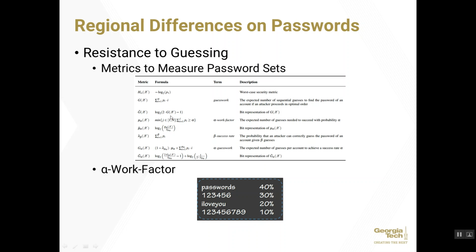As shown in this table, we briefly introduce these metrics. H infinite is defined as the worst-case security metric for human-chosen passwords.